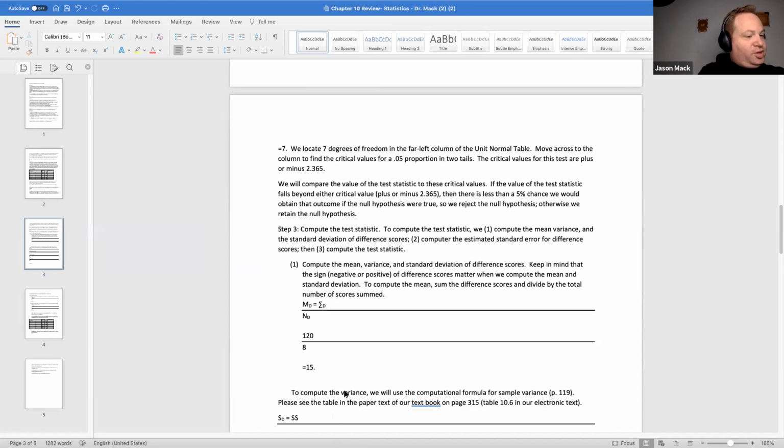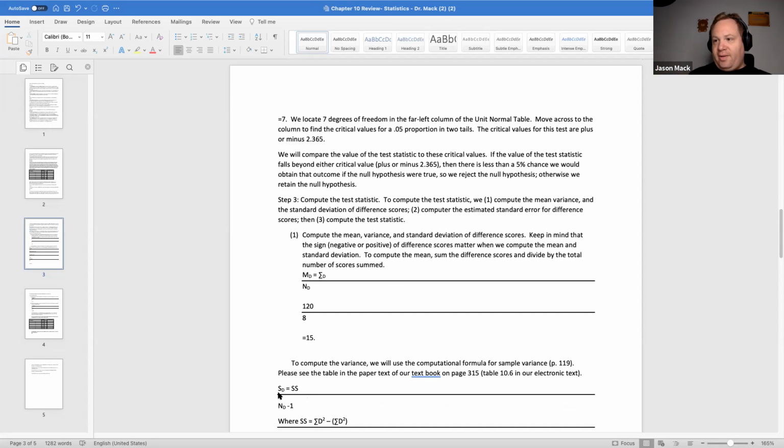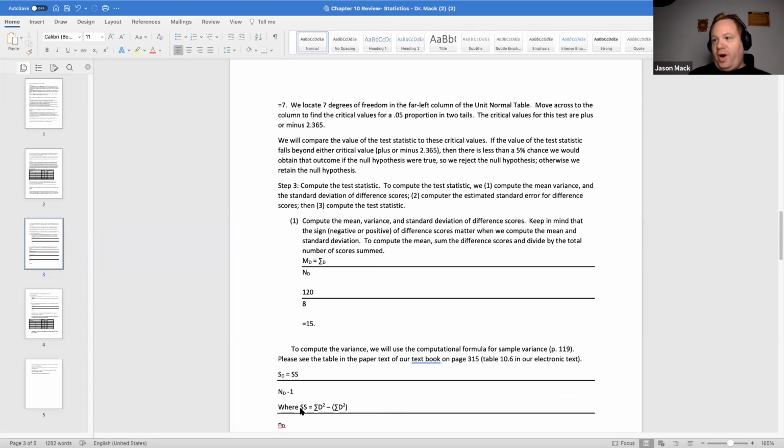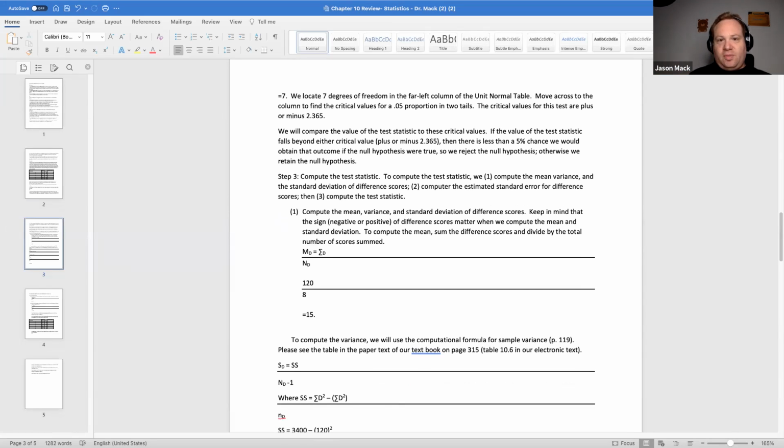I can certainly whiteboard this just so you have a good walkthrough, which is going to be the computational formula for variance, which again will be the sum of the squares over n, where the sum of the squares is talking about this right here.